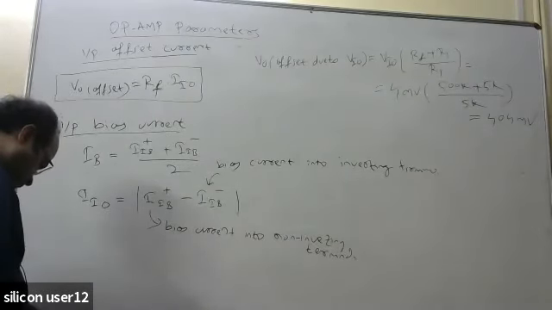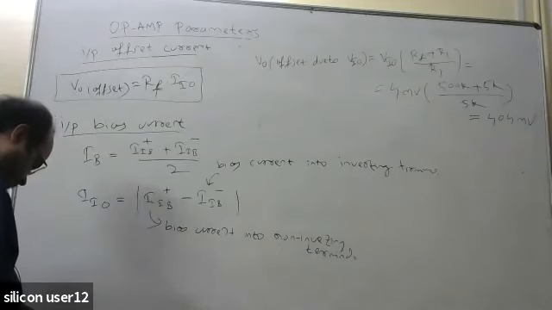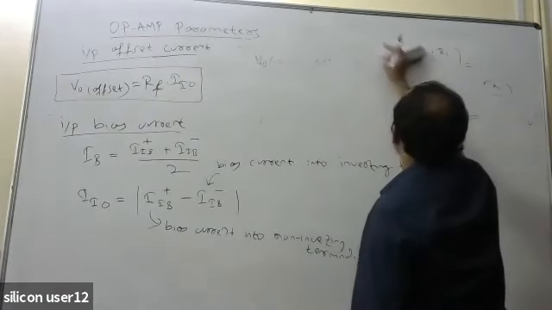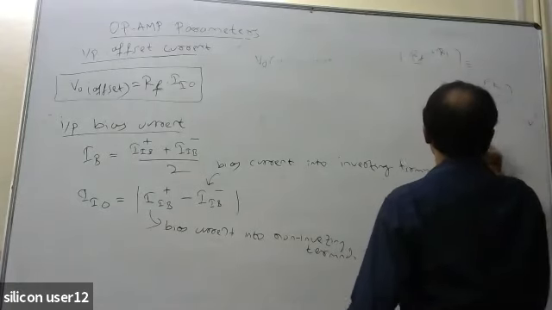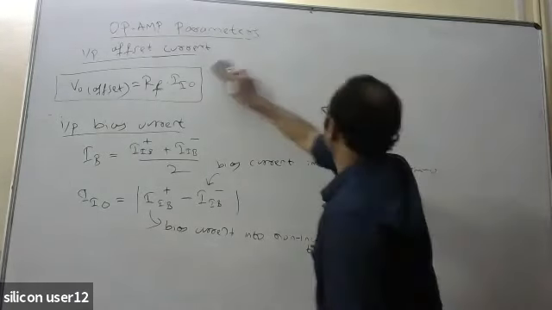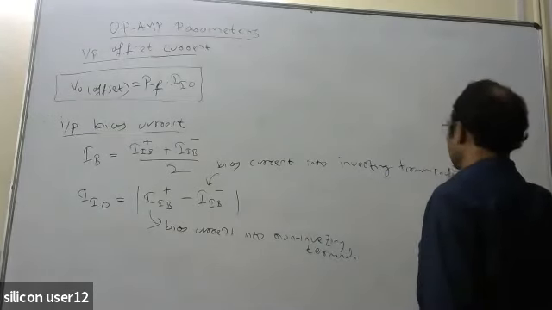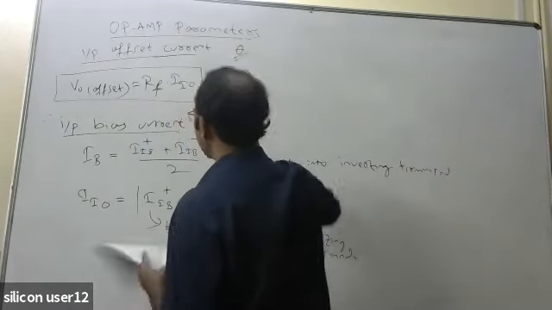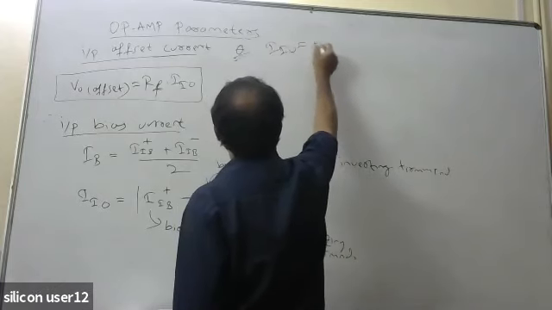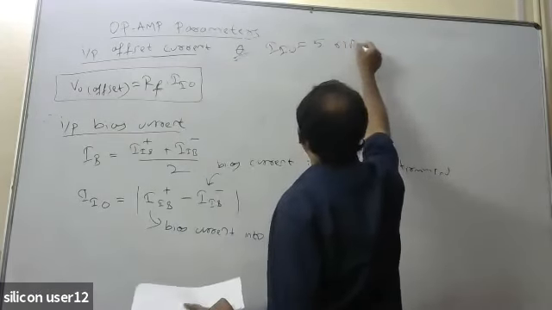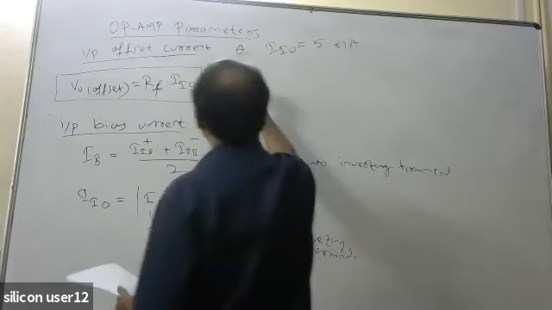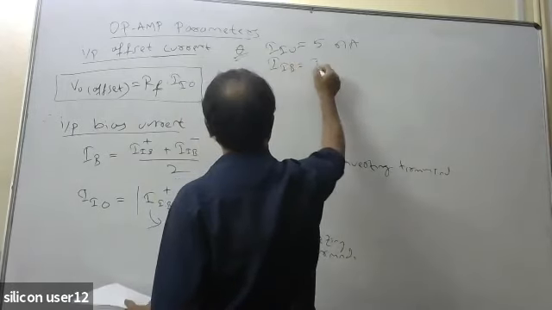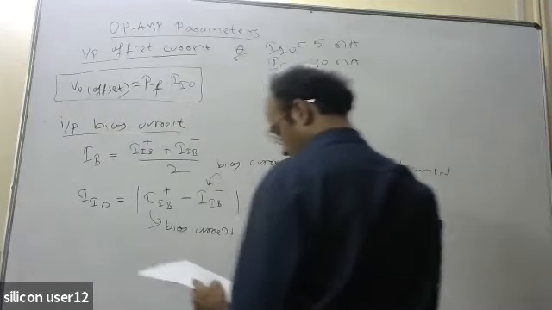One small problem we'll see based on these things. IIO is 5 nanoampere, IIB is 30 nanoampere.